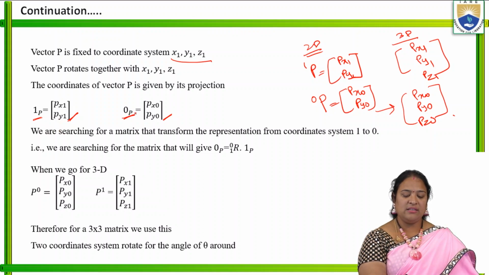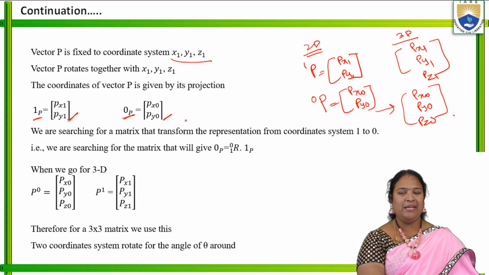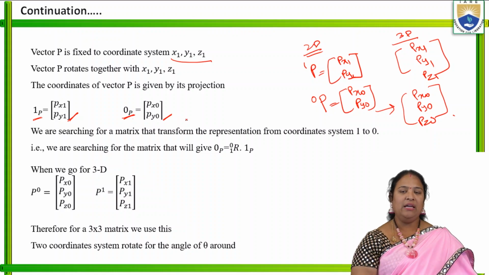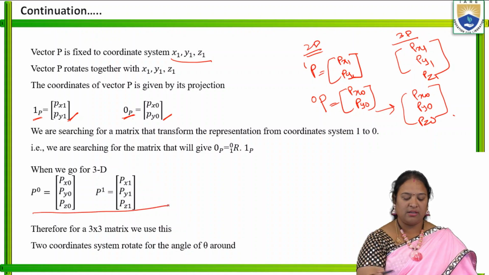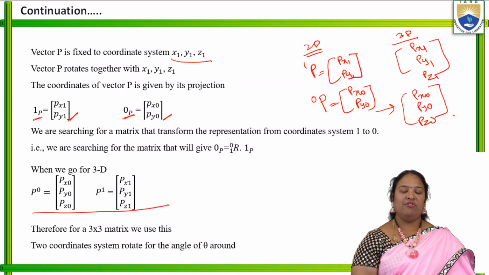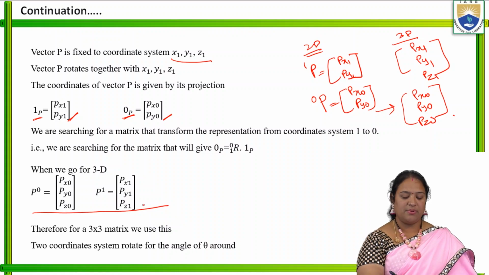When we are considering the projection for frame 0, it is given as px0, py0 or pz0, depending upon the type of plane we are considering. If we are considering a two-dimensional plane, we will get two projections. If we are considering a three-dimensional plane, we will get three projections in this particular form. Right? We will get a three-dimensional matrix in this particular form.